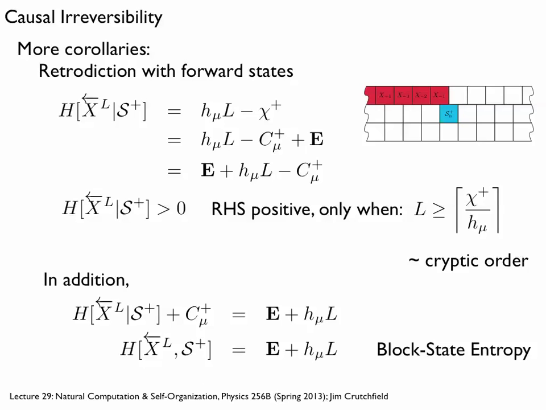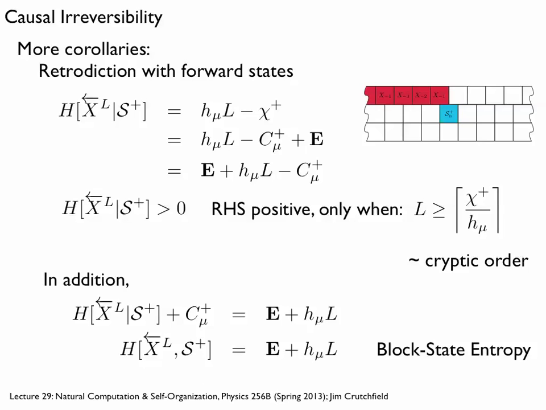So what we see here is that if this wedge is positive, that can only occur, well, it's typical, as I argued, then given this relationship, there's a constraint on the lengths that we can be looking at. So let's just work this through. This relationship can only hold when L is larger than the smallest integer larger than the ratio of the crypticity over the entropy rate. And this is something called the cryptic order.